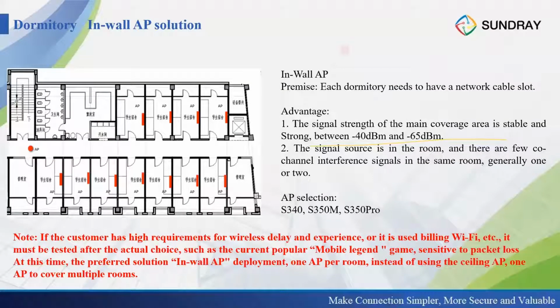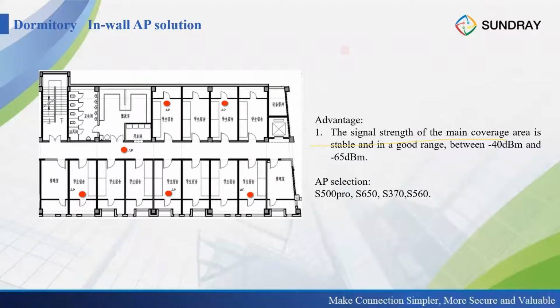So this is the inward AP deployment, just near the wall, one room, one AP. And this is the Sally AP, where two rooms share one AP in the dormitory. But in this case, we need to consider the thickness and the material of the wall.